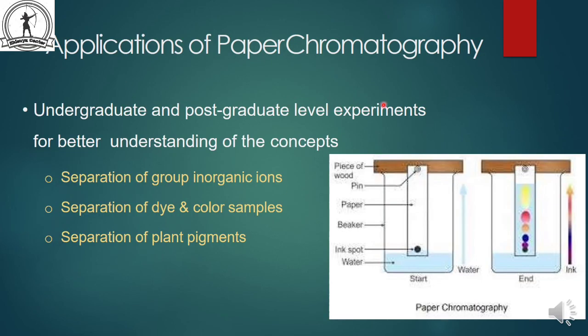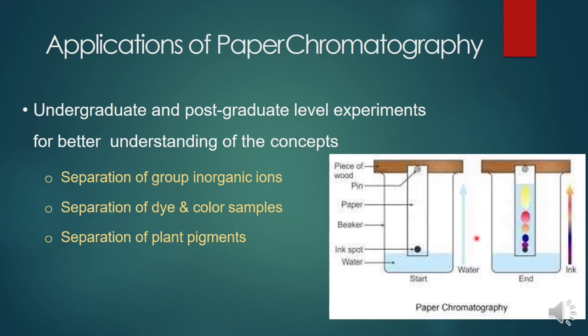Application of paper chromatography. Three are generally most common: separation of group inorganic ions, separation of dye and color samples, separation of plant pigments. See, here we think that our ink is black, but it is not pure black. If we take an ink spot and run it for some time, many colors are separated.